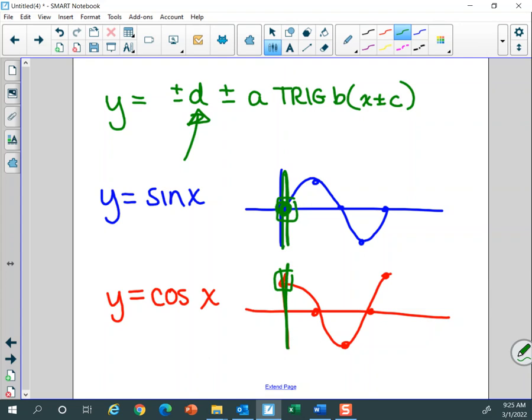Now, if I don't have that option, then I'm going to have to get into phase shifts, but you'll be fine and we'll figure it out. But this is always the first thing I look at: can I literally start on the y-axis and get a regular looking sine cycle or a regular looking cosine cycle? So starting from the y-axis, what can I get from that point? Can I get a regular looking sine? Can I get a regular looking cosine? And if I can't, then we'll talk about what to do next.